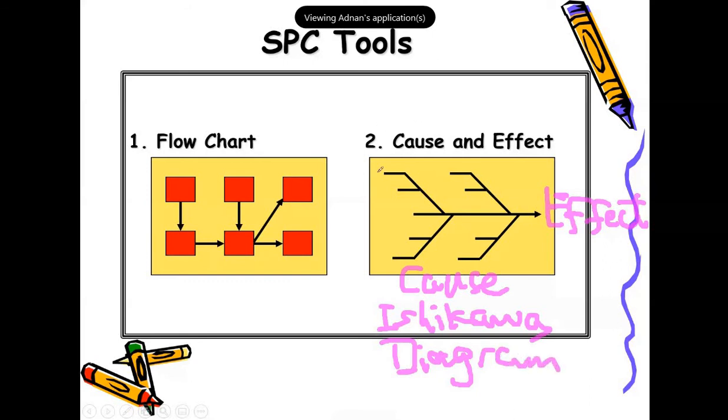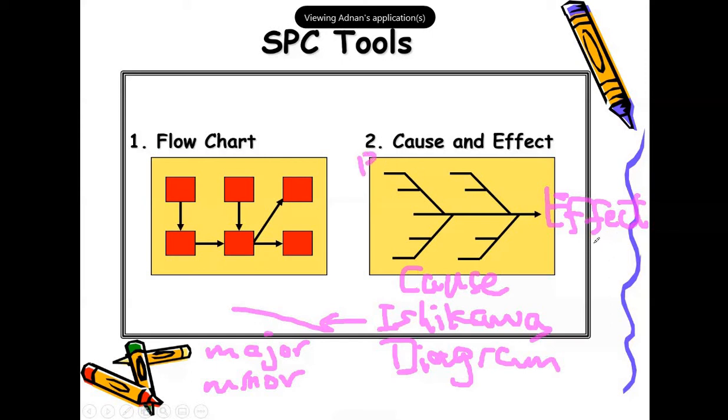So we have this showing the different categories of causes. Normally we have major causes and minor causes. We have to classify into major causes, and then we're going to have minor causes. For example, you may have the problem of people. What is the effect?